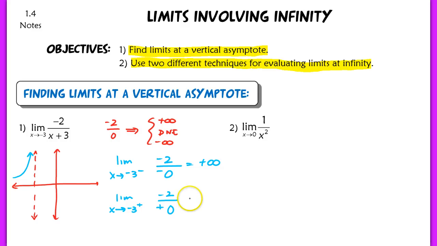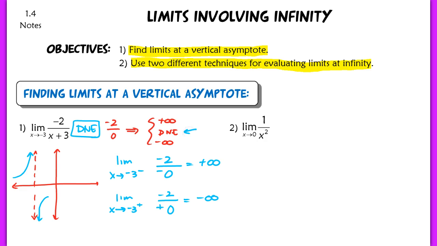So if we divide here, we end up with a value that blows up to negative infinity though. So on the opposite side of that vertical asymptote, we're going in different directions. So in this case, the limit as x approaches -3 of this rational function, -2 over x plus 3, simply does not exist. Okay, so they tend in different directions, so our limit just does not exist.